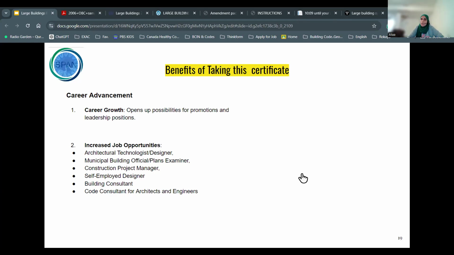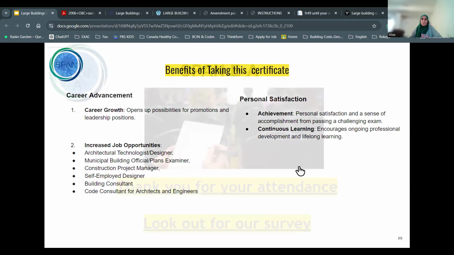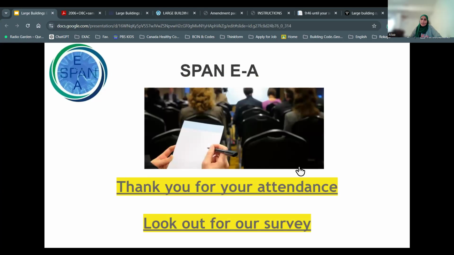You can also be a self-employed designer. You can have your own projects, because as a BCIN designer you can stamp drawings and review them, and it's a good job. The third one is personal certification, achievement, and continuous learning. Thank you for today, and it's open for questions.